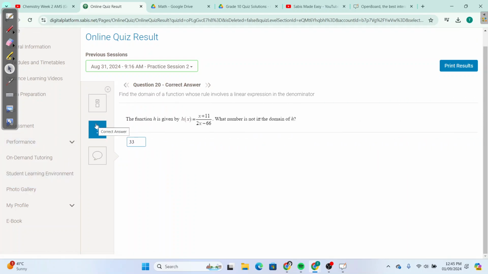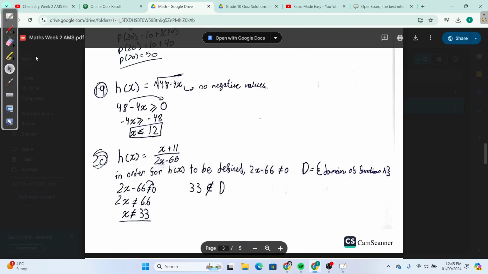Now, the function h of x equals x plus 11 over 2x minus 66. What number is not in the domain of h? What this means is, what number would make this function undefined. In order for h of x to be defined, 2x minus 66 cannot be 0. Why can the denominator not be 0?